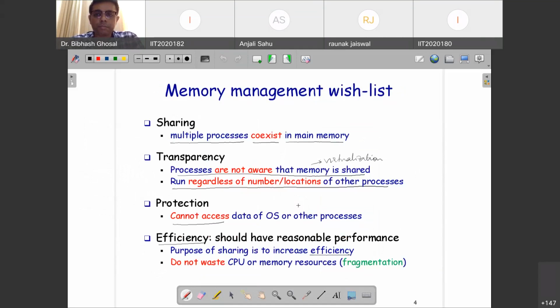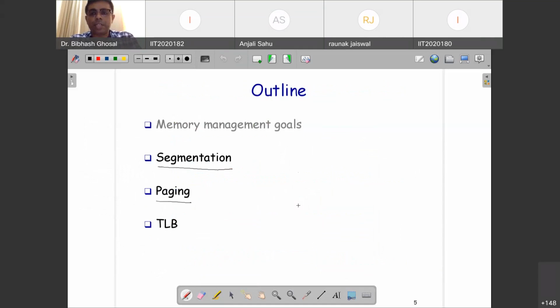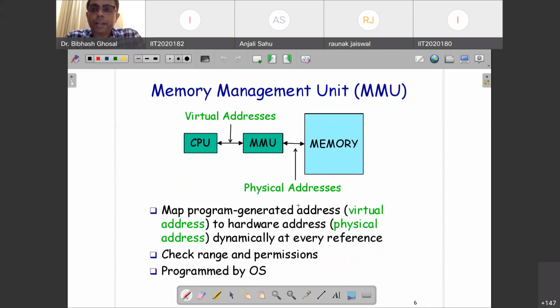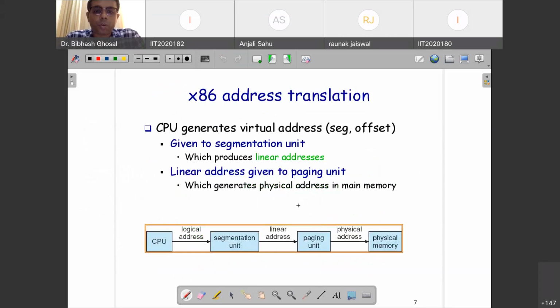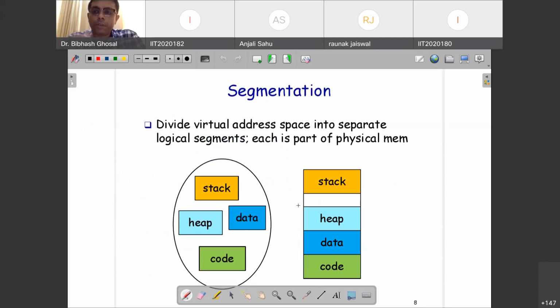Now this translation can happen in two different ways. One is called segmentation, where the entire address space was divided into different blocks of variable size. And these blocks were decided based on the kind of information that was put in that particular block.